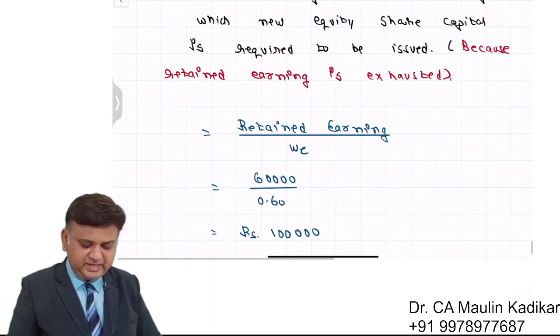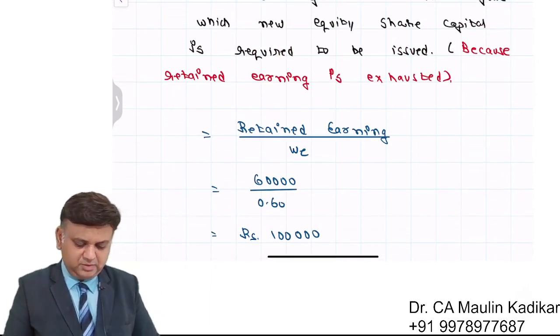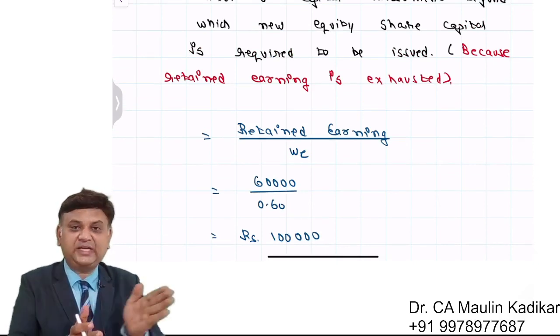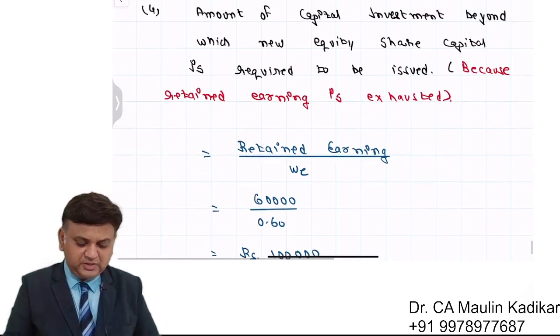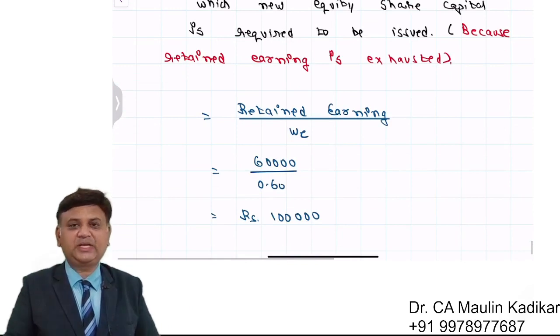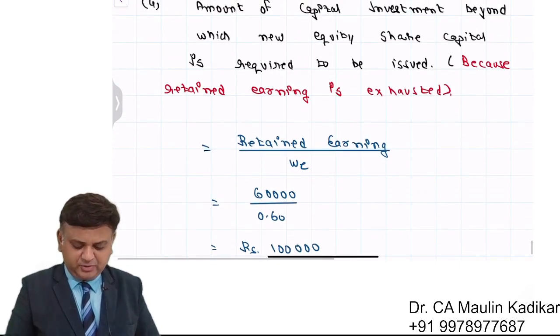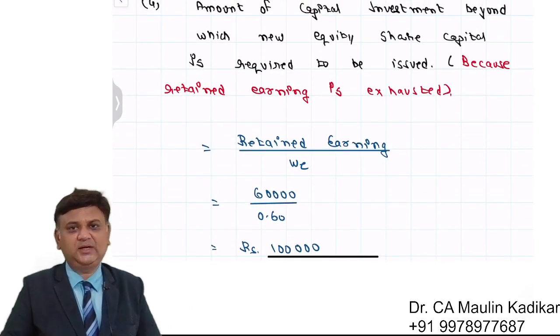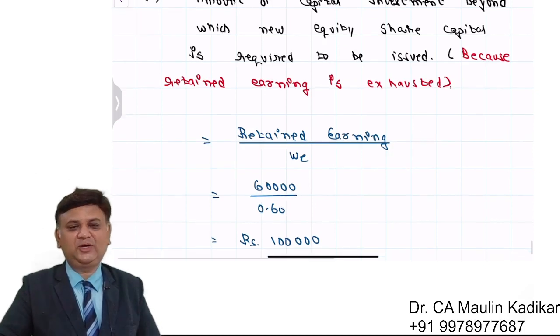That comes to rupees 1 lakh. So when the capital investment is exceeding 1 lakh, beyond that you have to issue the new equity share capital, and till that point of time you would be having retained earning to finance the equity component of the expansion.